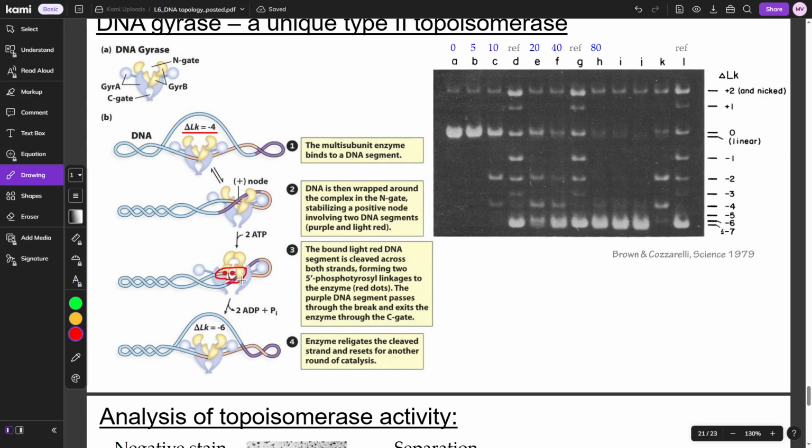Pull these two strands through it. And then that actually ends up introducing more supercoiling in comparison to how it was before. It's a really interesting mechanism.